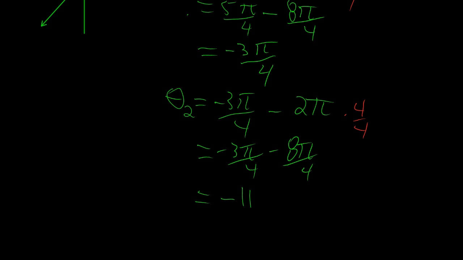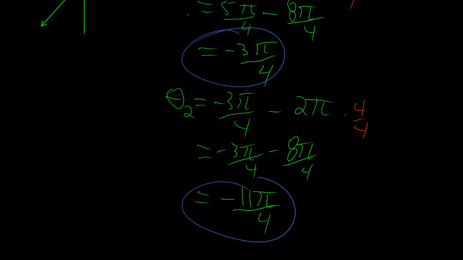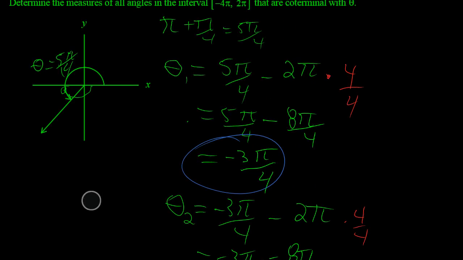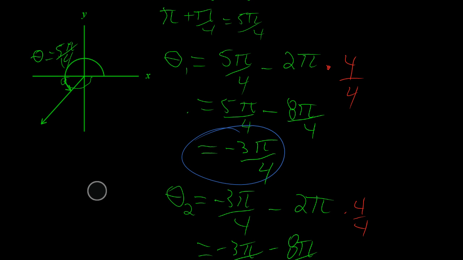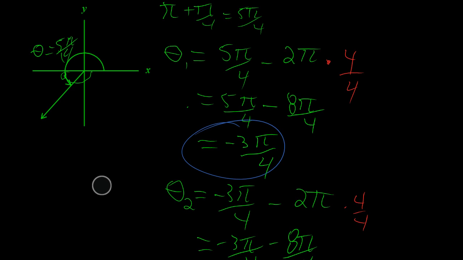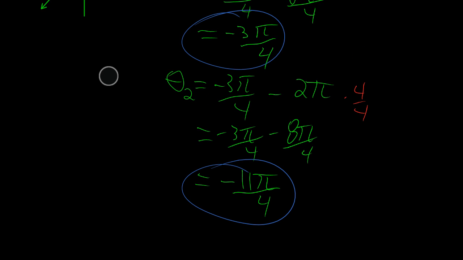We got negative 11 pi over 4. So to make it clear, there's 2 answers. If we go another rotation, we would be less than negative 4 pi, because that would have been 2 negative 2 pi's, so it would take us out of the interval.